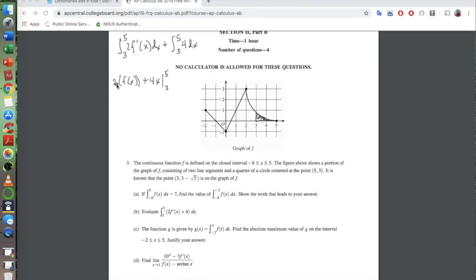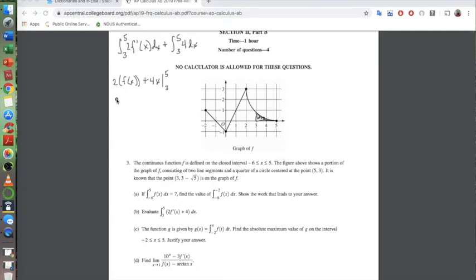Okay, so 2 times f of x, we're going to substitute 5 for x, we get 0, f of 5 is 0, and then we're going to subtract from that f of 3. We know f of 3 is this given value here, 3 minus root 5, and so 0 minus 3 minus root 5 is negative 3 plus root 5.